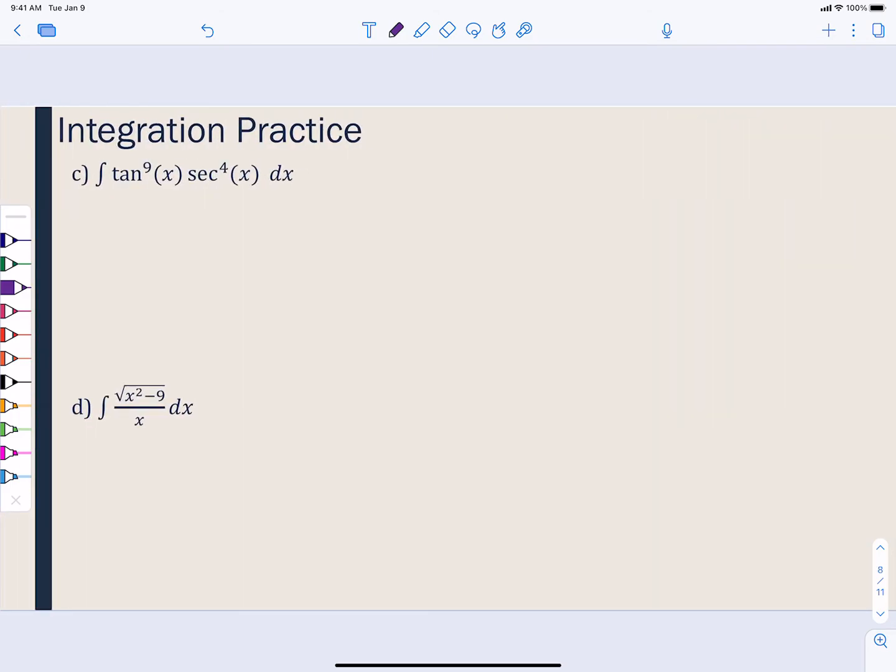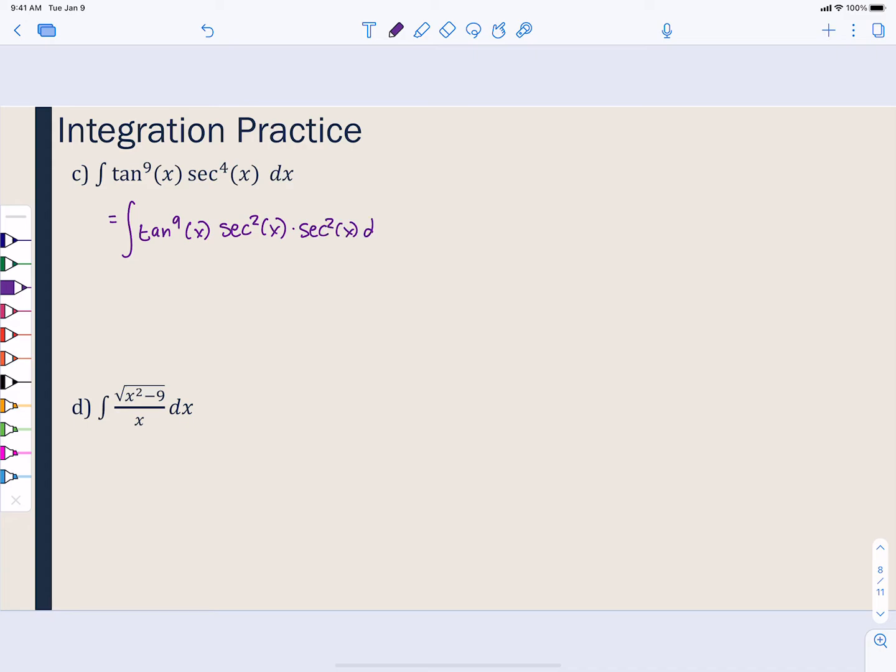All right, we've got a similar one now with tangent to the 9th and secant squared. So again, the idea here is that we want to pull things apart a little bit and reserve the derivative of one of these two trig functions, secant or tangent.